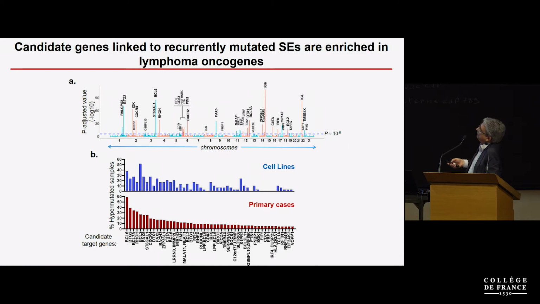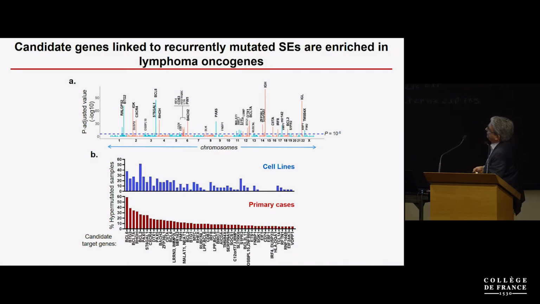We see a lot of the major players in germinal center development, including some known oncogenes, PAX5, BCL6, BCL2, and a number of key regulators of the germinal center. And then we could rank the frequency by which the superenhancers were hypermutated. And we see again BCL6 at the top of the list, and then a number of other important oncogenes or development regulators of the germinal center.